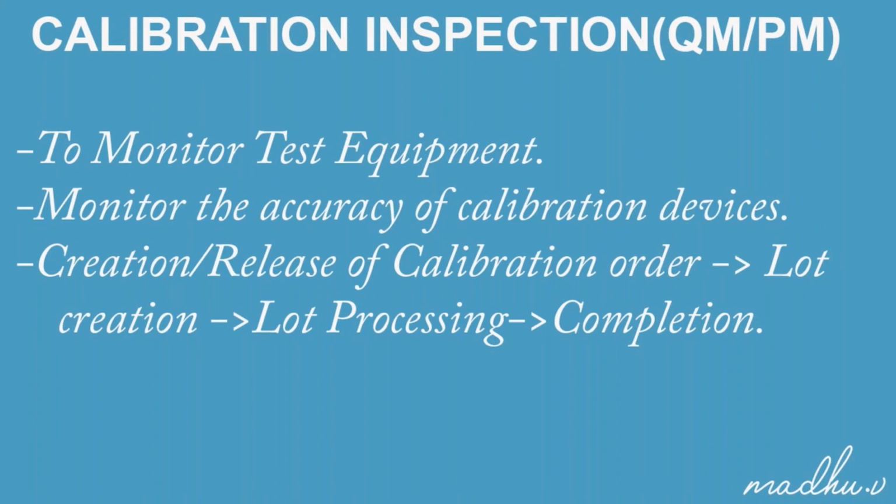Now here the QM department will help the PM department in one particular case, which is calibration inspection. Every month, or every 6 months, the QM department will go and check each and every machine, or a few particular machines based on the requirement. They check whether the machines are working properly within a predefined specification, because every machine has to work within predefined specifications.